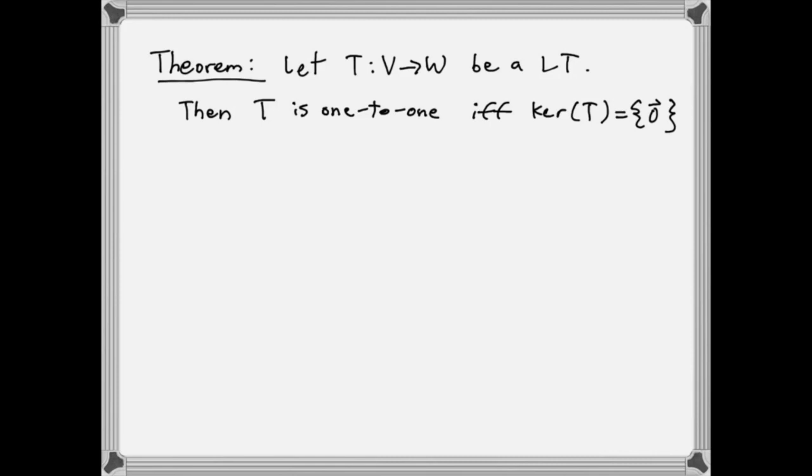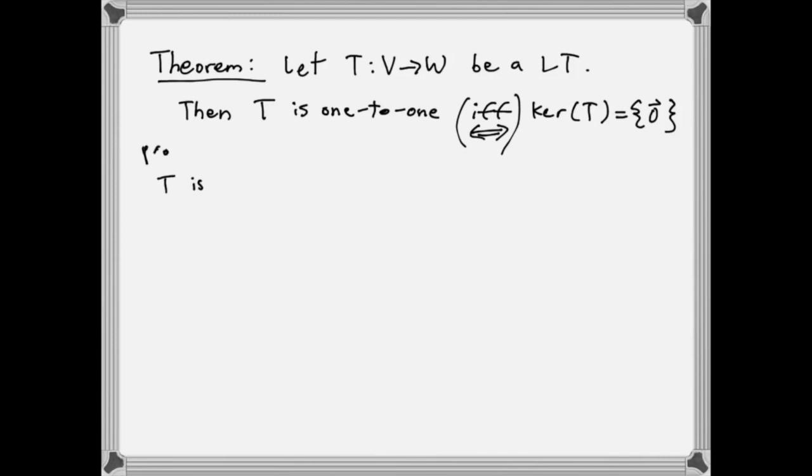So what does if and only if mean? If and only if means that it's a double-sided arrow. In other words, if you want to prove that something is true if and only if something else is true, that means that you have to go both directions. Okay, so let's start with T is 1-to-1.